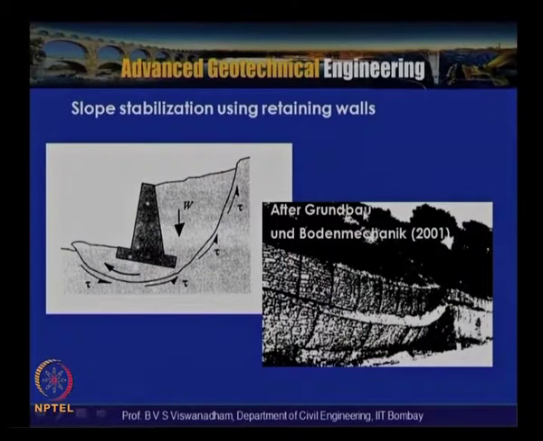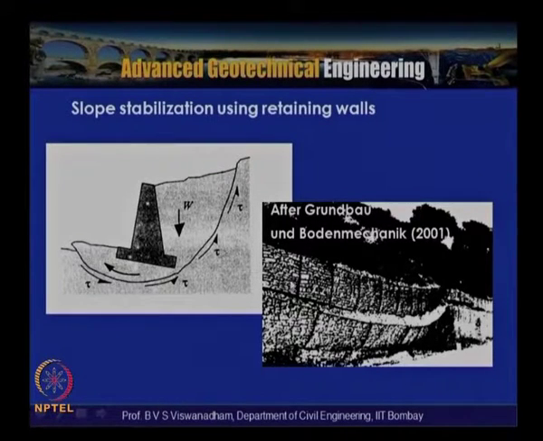Though we provide these retaining walls, if the failure surface is such that it is traversing beneath the retaining wall, then the provision of this retaining technique may not be useful. Here, after Grundmont Bodenmechanik Handbook 2001, a gabion retaining wall subjected to excessive forces can be seen.